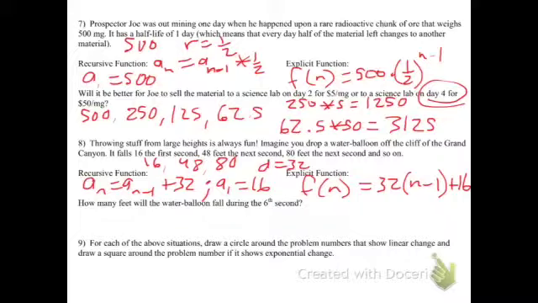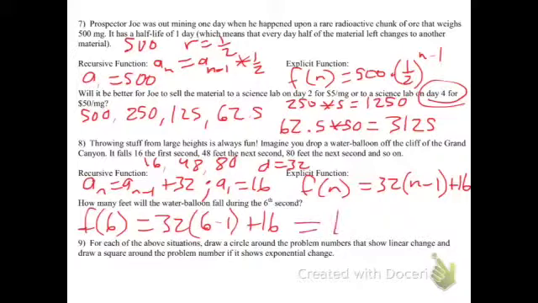Well, luckily 16 is the first, second, third. Okay, so we just need to plug in 6 into our function here. F of 6 equals 32 times 6 minus 1 plus 16. And 6 minus 1 is 5, times that by 32, and then add 16 is going to give you 176 feet. And that one's done.